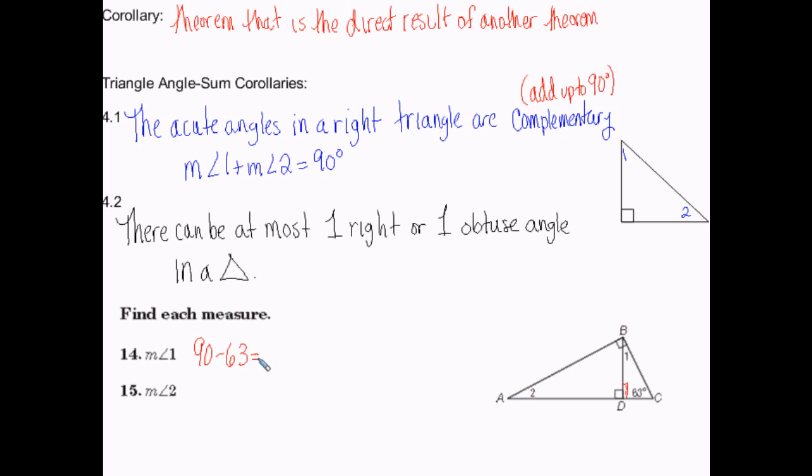I don't have to use the whole 180 because I know that this is 90, so there's only 90 left. Does that make sense? So you can still do 180 minus 90 and then minus 63, but you can skip the 180 part and just go straight to the 90 if you have a right triangle. So I have 90 minus 63, that's 30 minus 3, so it's 27. So that's angle 1, 27.